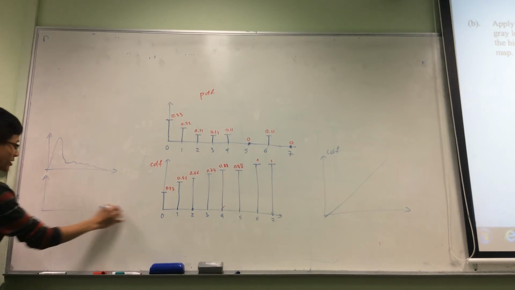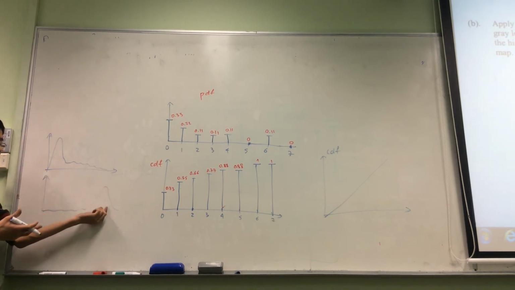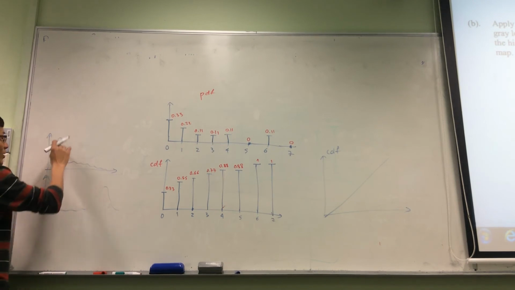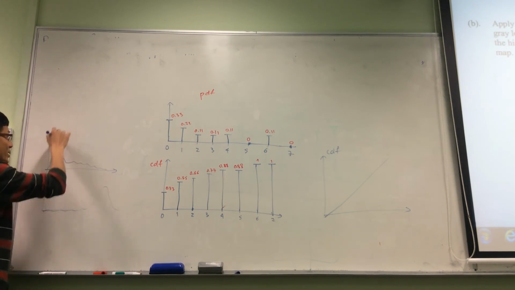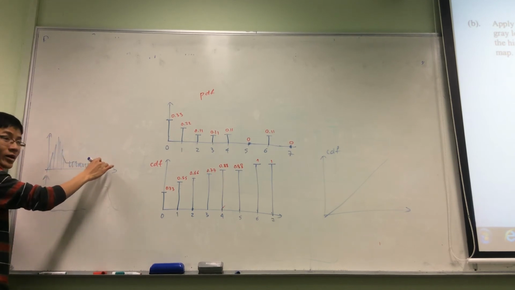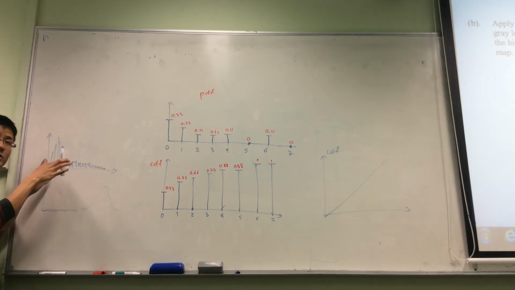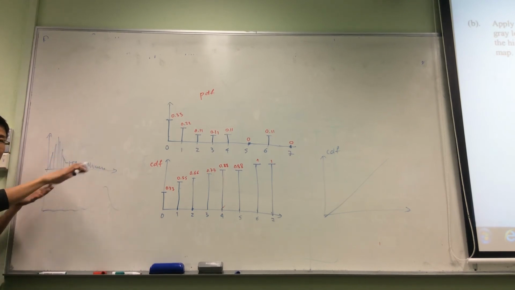If it's like this, your image is too bright, too many white pixels. It's not good. So how to fix that? You only need a few pixels in the dark, then a lot of pixels in the white, so if you sum up all of this it will be equal to each other.